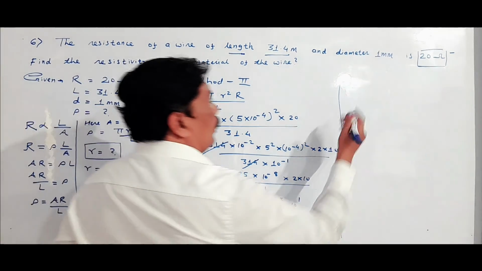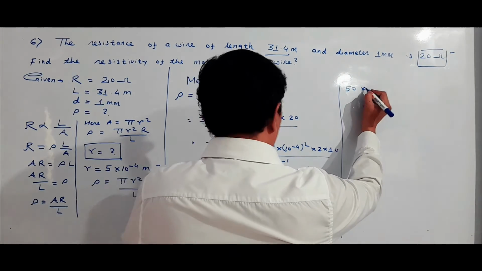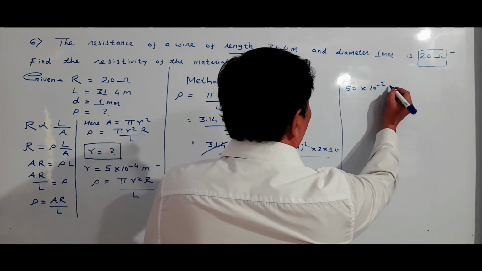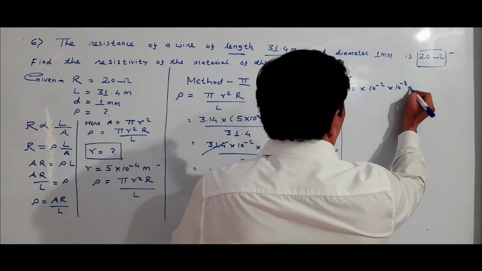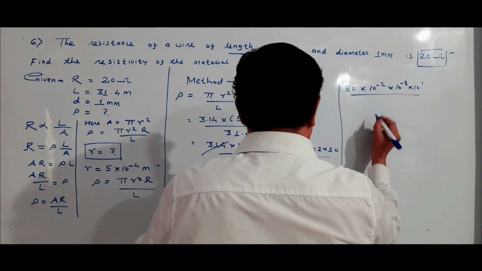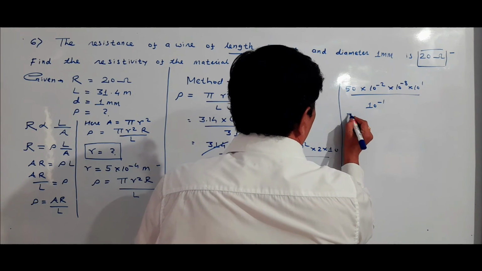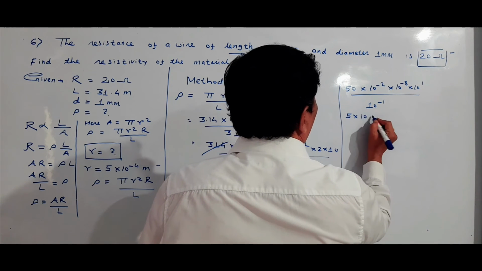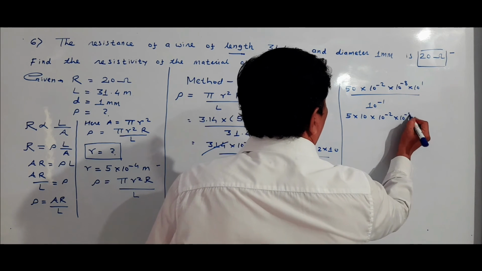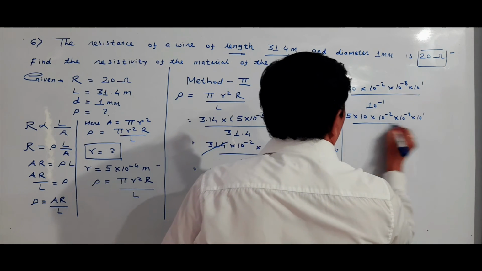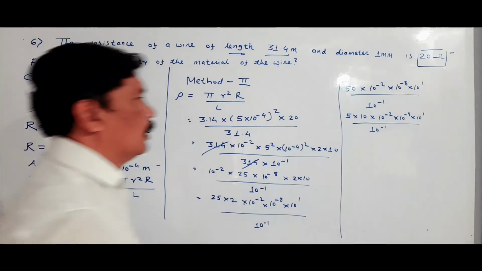25 into 2 is 50, into 10 to the power minus 2 into 10 to the power minus 8 into 10 to the power 1 upon 10 to the power minus 1. 50 can be written as 5 into 10, into 10 to the power minus 2 into 10 to the power minus 8 into 10 to the power 1 upon 10 to the power minus 1.